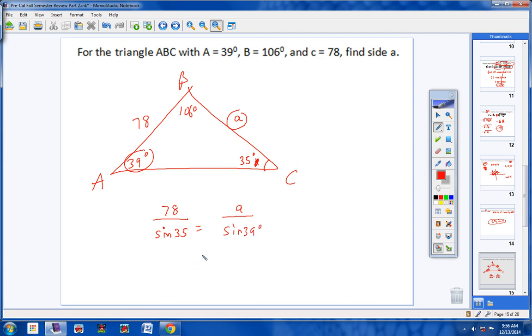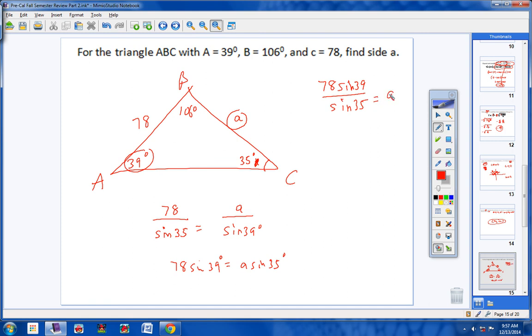So here we go. If I cross multiply, 78 sine of 39 equals a sine of 35. Okay, now divide both sides by sine of 35, and you would have 78 sine of 39 divided by sine of 35 equals a.